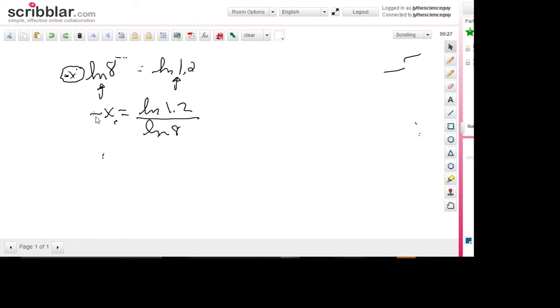So this is going to be x is equal to negative ln of 1.2 over the ln of 8. That's your rational solution. So now you have to stick that in your calculator in order to find out what that actual number is.